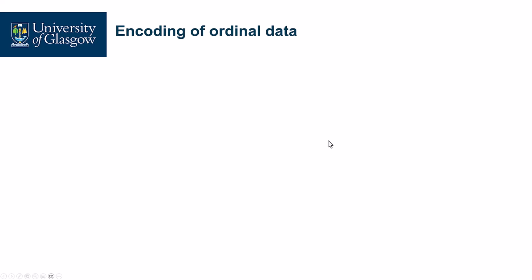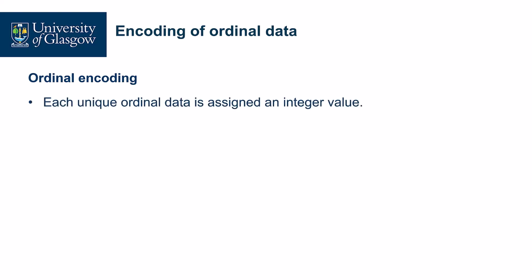Now let's see the ordinal data. For ordinal data, as we have said, they can be ranked, right? So based on this property, a simple way is to assign each of them an integer value. Because they can be ranked, the integer values can also be ranked. So we can make such a mapping, maybe starting from 0.